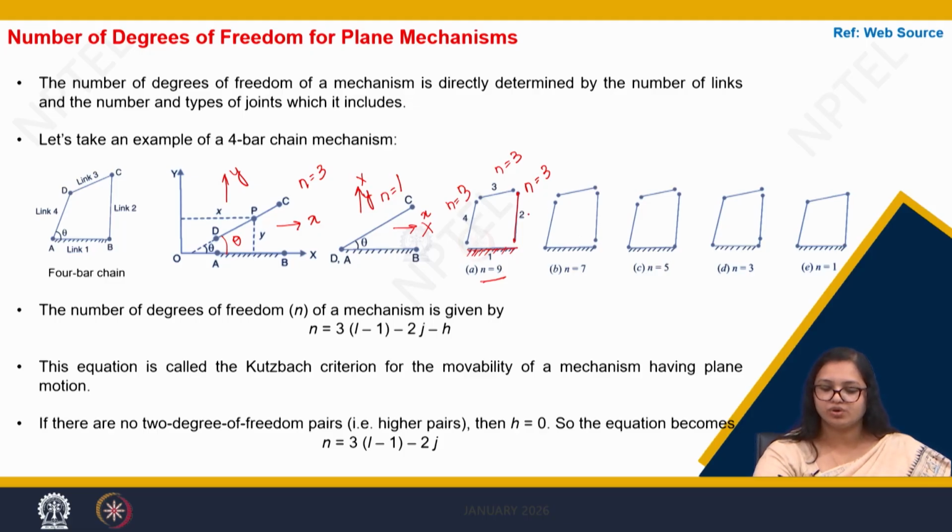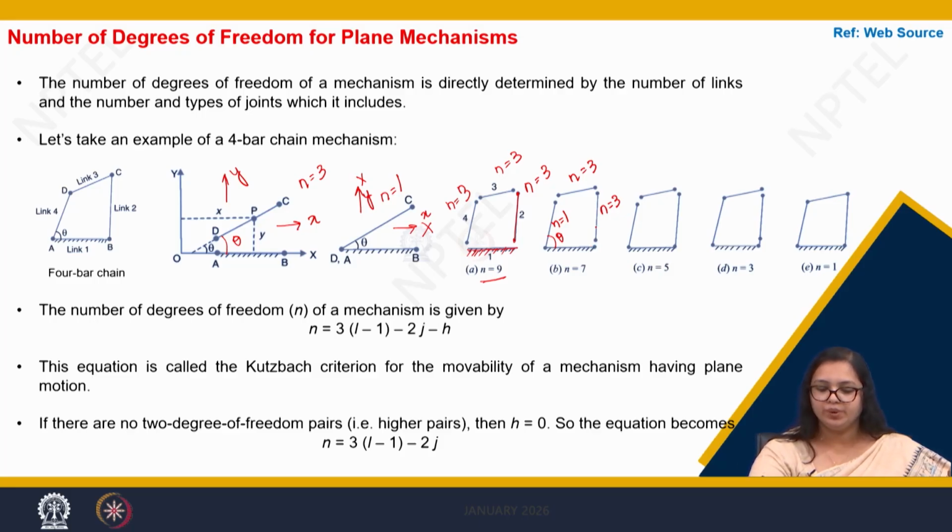Now when we join the link 4 to link 1, the degrees of freedom of link 2 is 3, for link 3 is 3, and for link 4 it becomes 1 because it cannot translate in X and Y direction, it can only rotate with respect to this link 1.